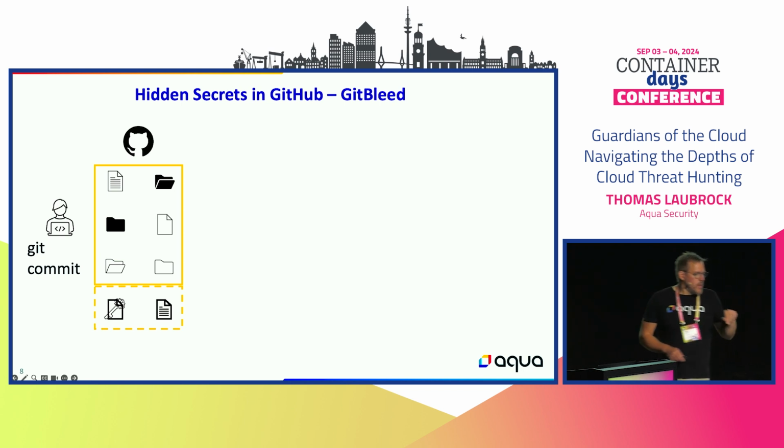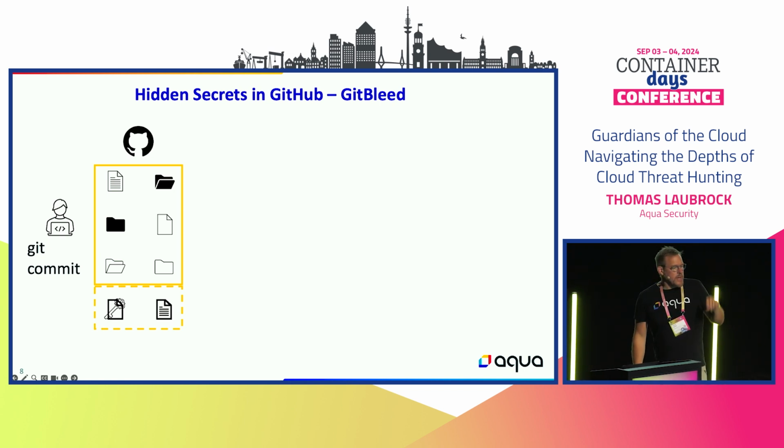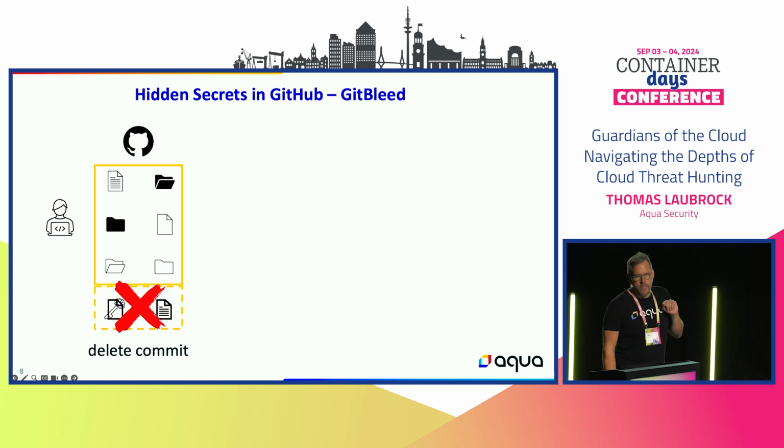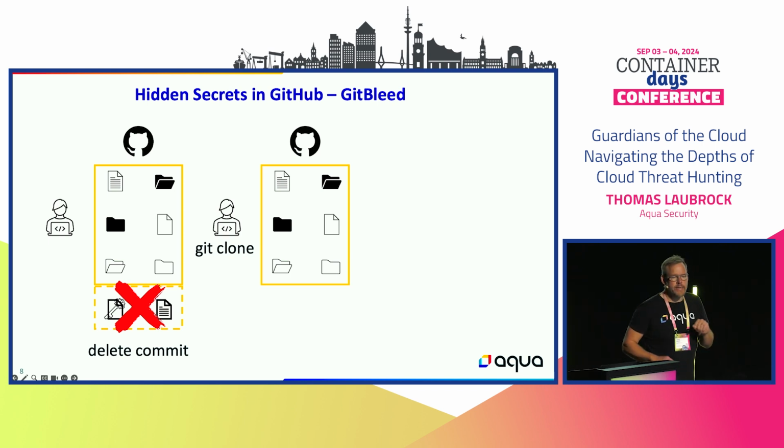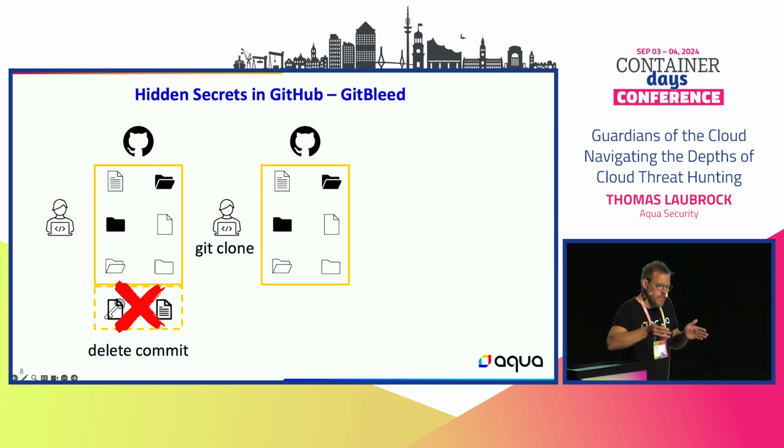What would you do? You try to delete the commit. But technically, it is not deleted. You know, Git is simply a chain of commits.